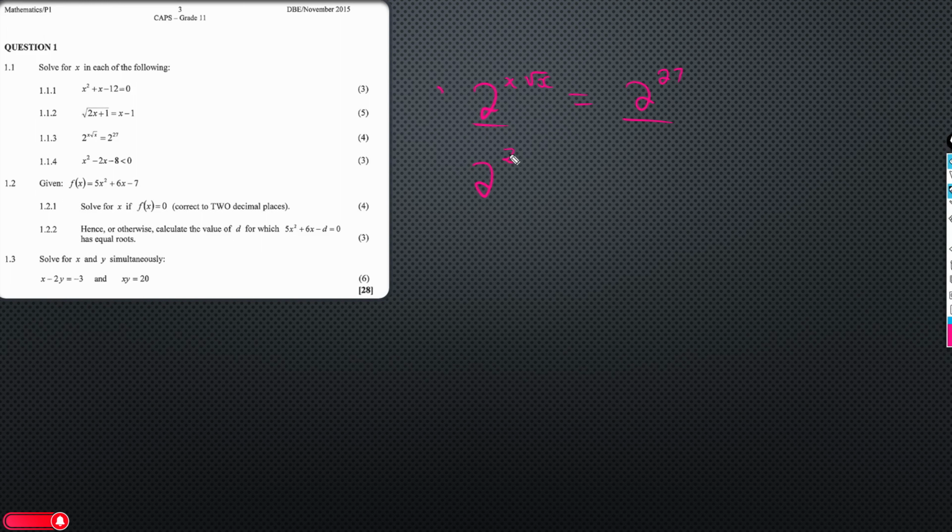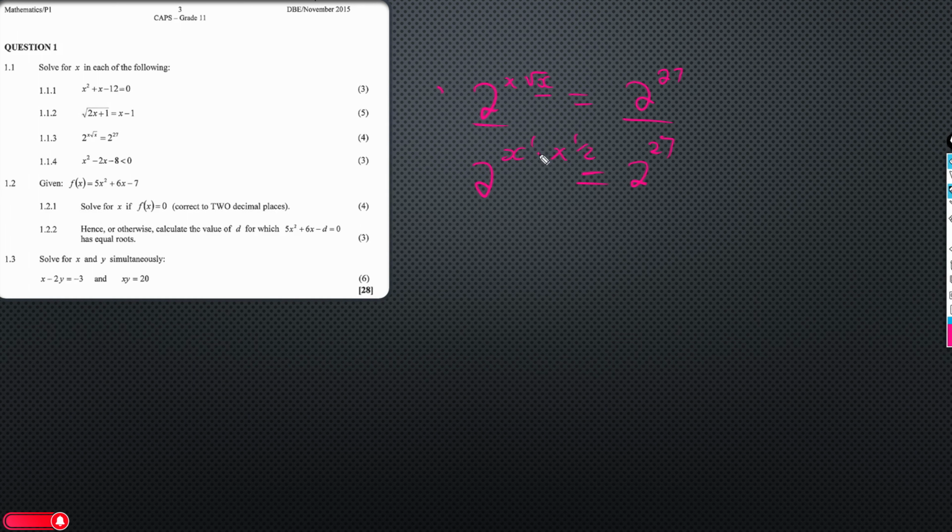So now we can try to simplify this: 2 to the exponent x times 2 to the exponent x over 2. Remember that the square root turns the exponent into 1 over 2. So this will be equal to 2 to the exponent 27.